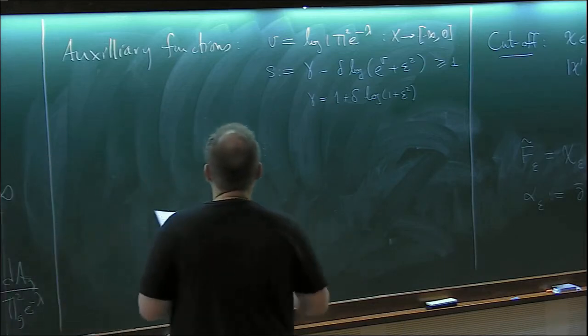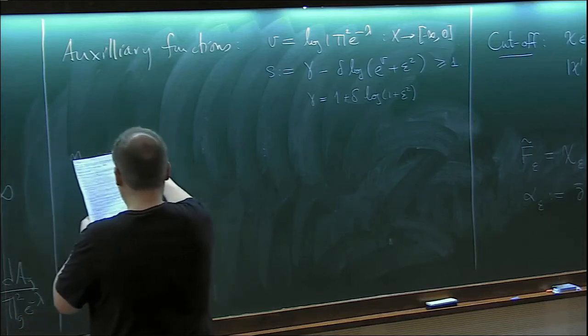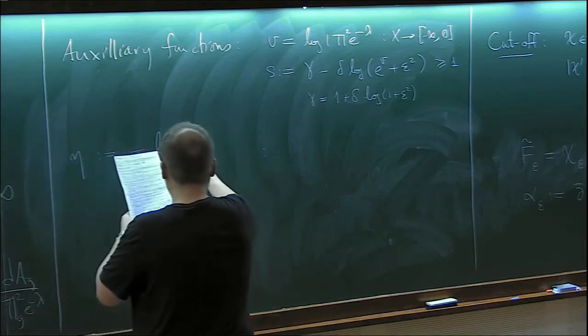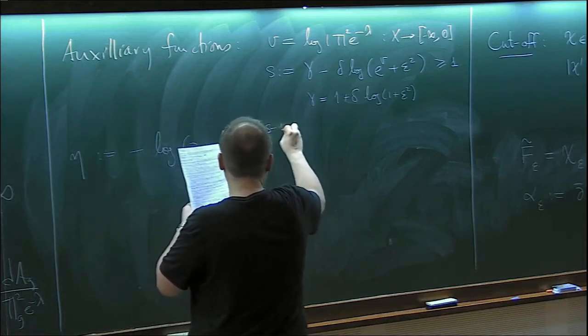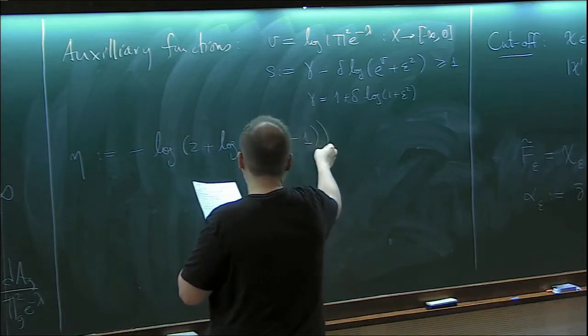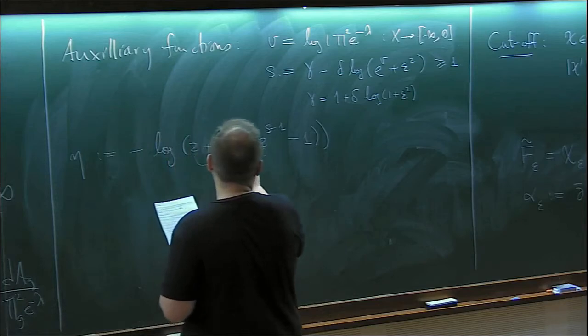Okay, so now the function eta. You're going to love this one. This is negative log of 2 plus log of (2e^s minus 1) minus 1. Let me introduce yet another auxiliary thing.